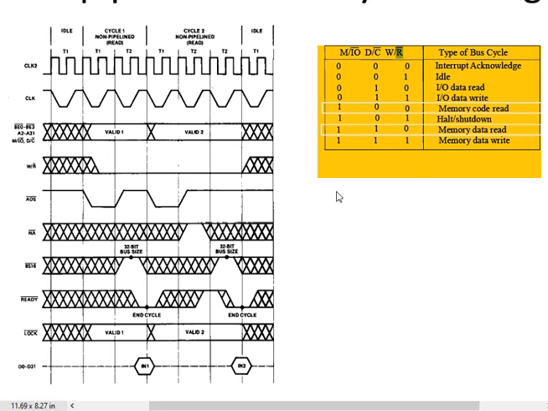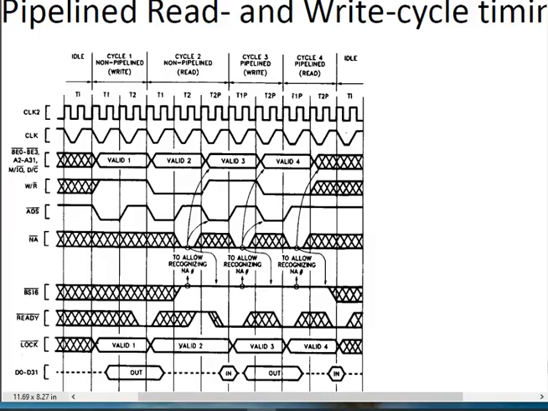Like this, memory read or write operations are done, and in this way the 80386 pipeline and non-pipeline bus cycles work.